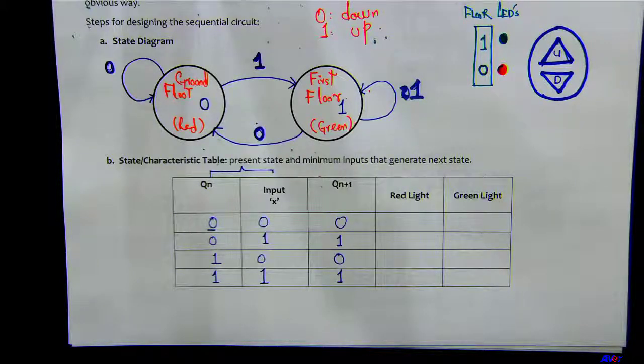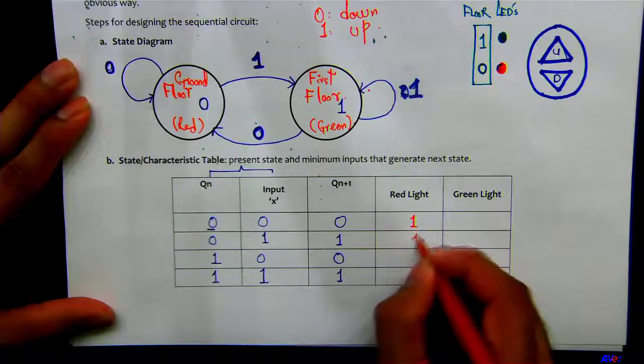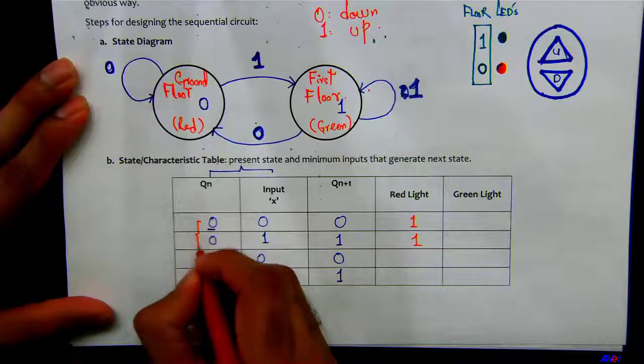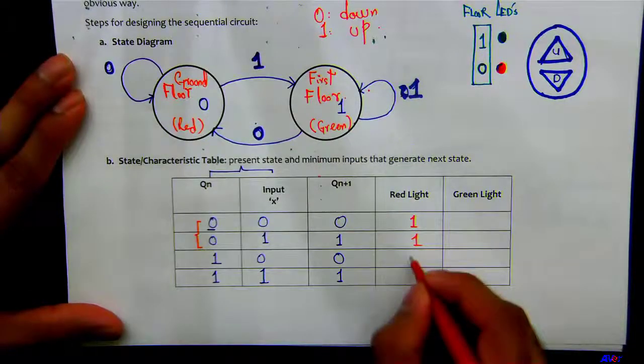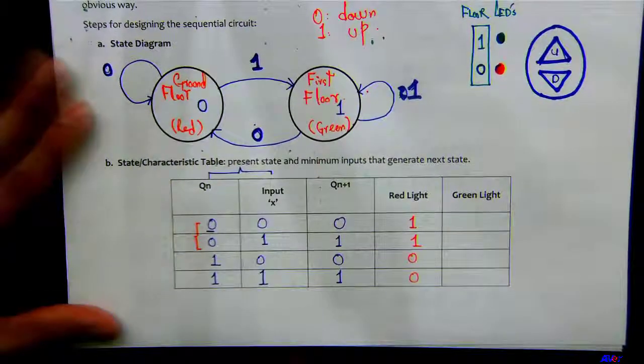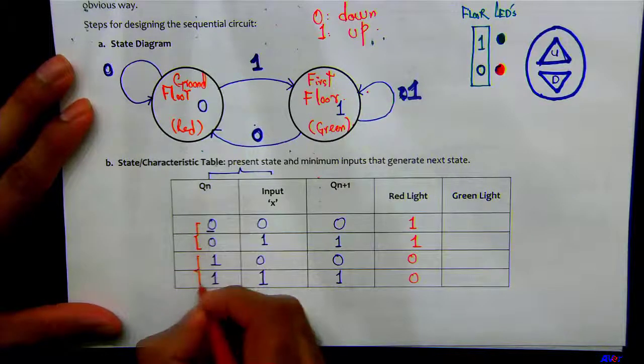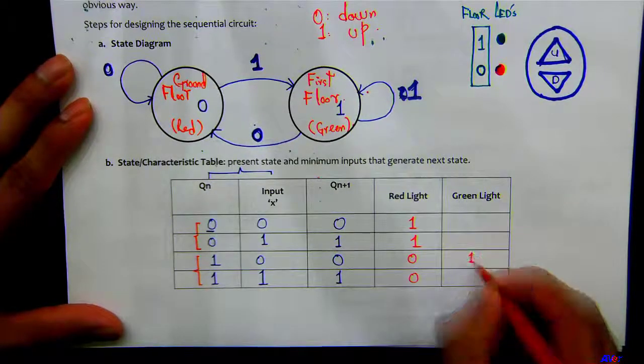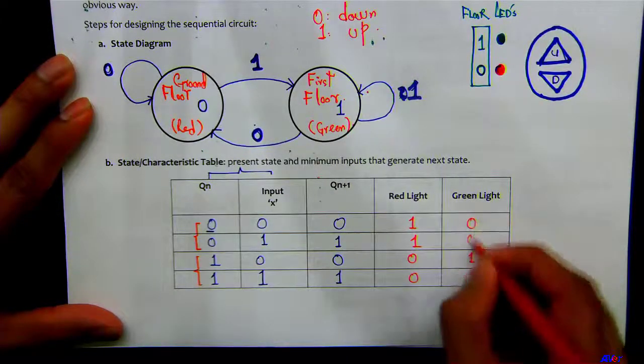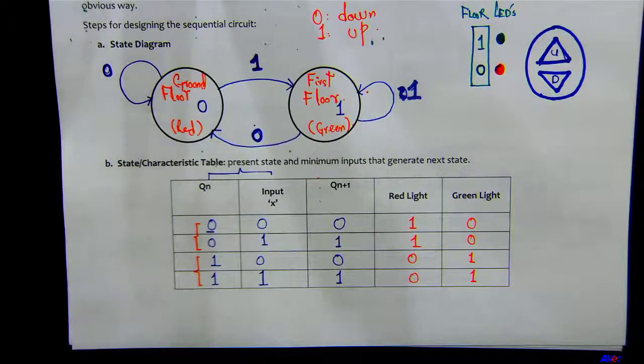If the present state is ground floor, what should light up? Red light, correct? So that would be this one, because these 2 are 0. And then if you are at the first floor, you should have the green light lit up. So we got our state table ready.